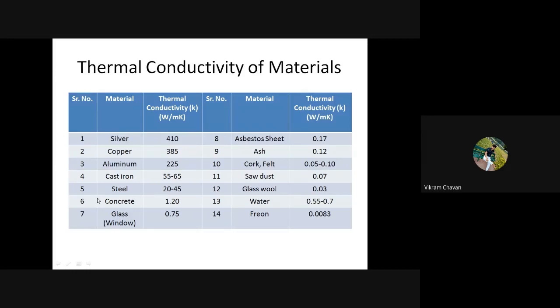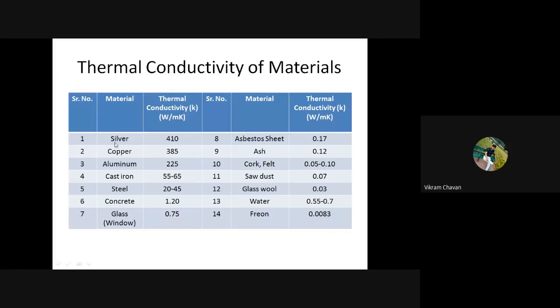Here I have listed some materials and their thermal conductivity, so it will be crystal clear to you how it differs from material to material, and you tell me which is a good conductor and which is a good insulator.